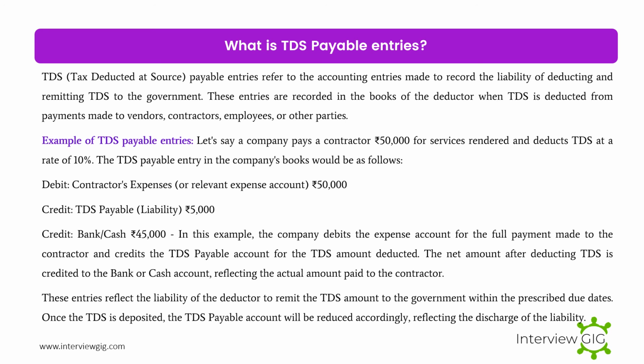The net amount after deducting TDS is credited to the bank or cash account, reflecting the actual amount paid to the contractor. These entries reflect the liability of the deductor to remit the TDS amount to the government within the prescribed due dates. Once the TDS is deposited, the TDS payable account will be reduced accordingly, reflecting the discharge of the liability.